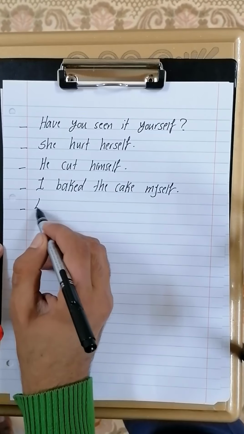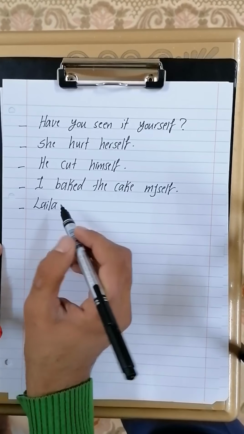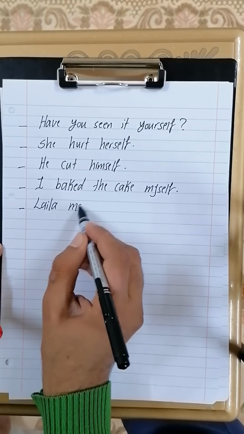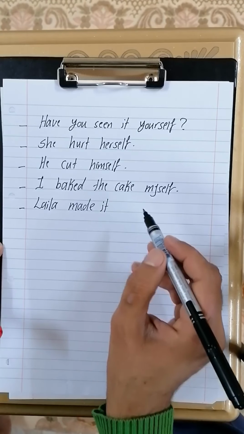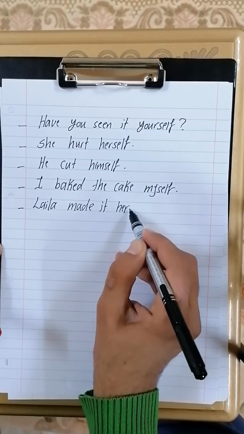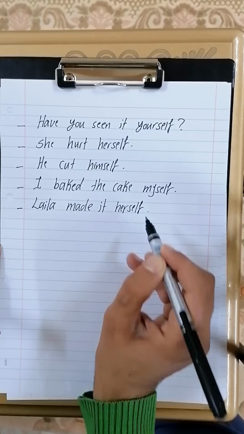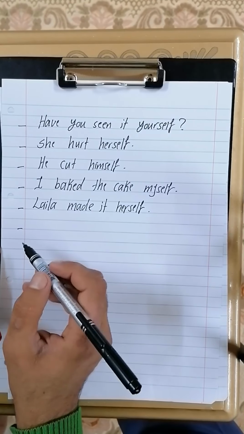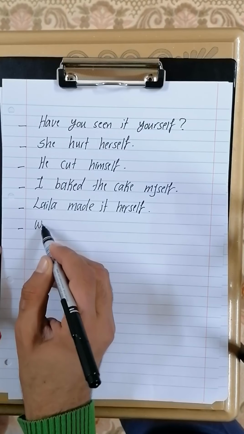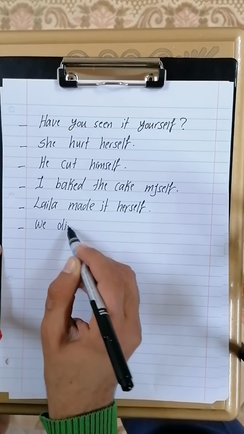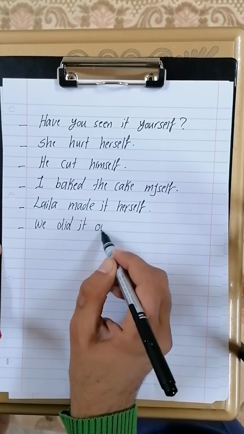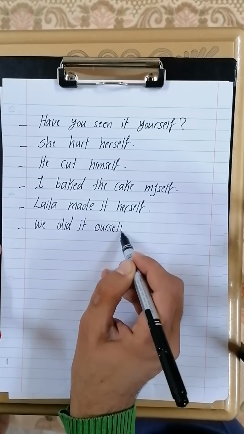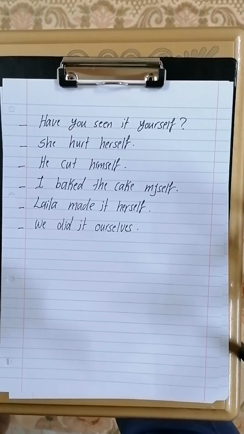Let's say Layla made it herself. Let's say we did it. When we have we, then we say ourselves. These are all examples for reflexive pronouns.